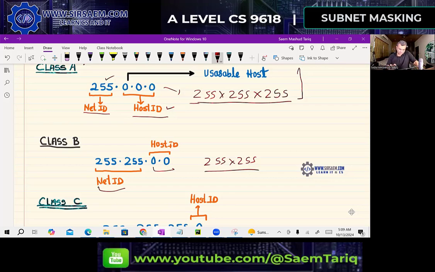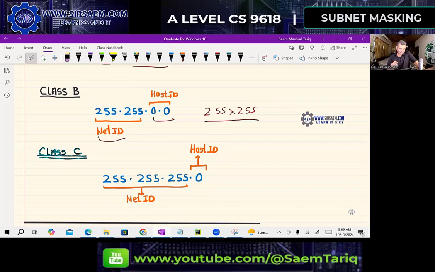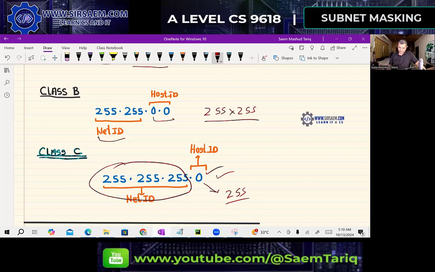Class C is used in your local LANs. Class C has the minimum number of hosts, which is 255. You will have this portion as your network ID, and the following portion as your host ID, as you can see here.